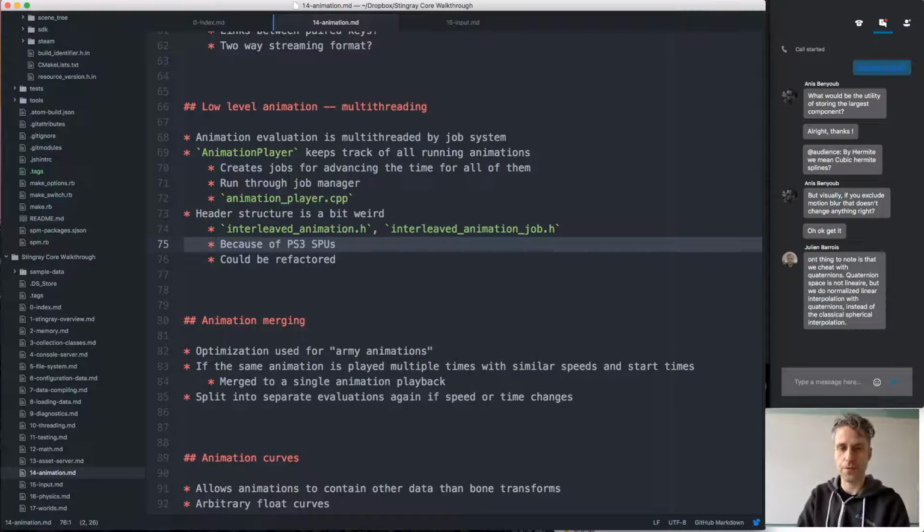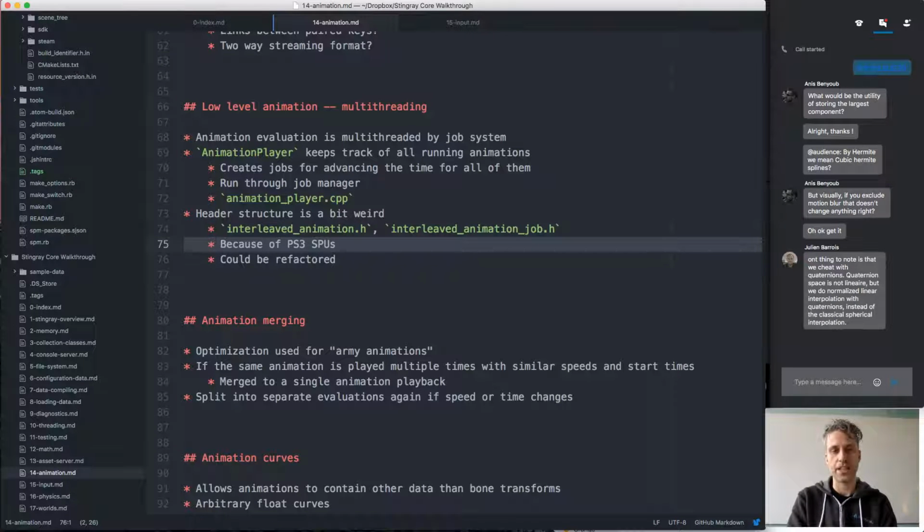The only reason for this sort of weird organization is that we used to support PS3, and the animation job used to run as an SPU job on the PS3, and SPU jobs are compiled as sort of separate executables from the main executable, and we don't want to compile all the engine code into the SPU job because SPUs have a limited amount of memory, and that memory is shared for both the code for the job and the data.